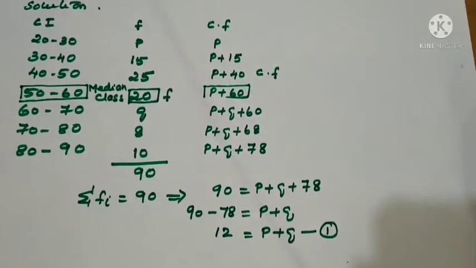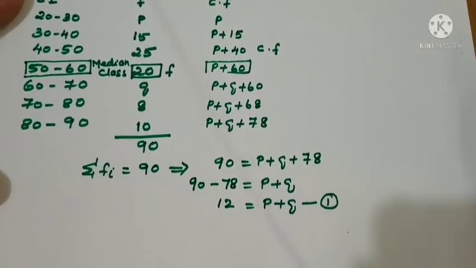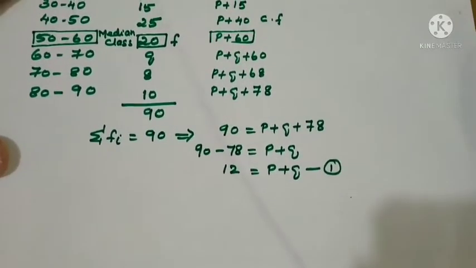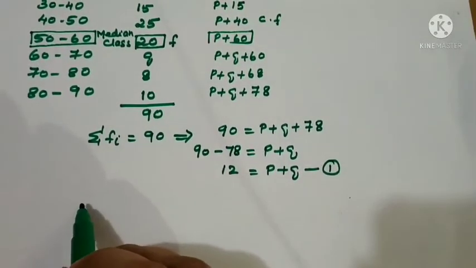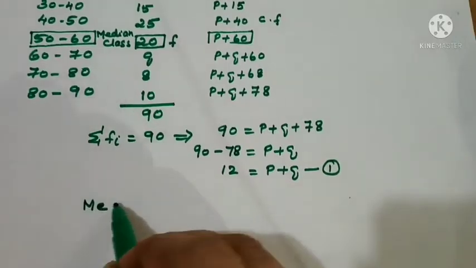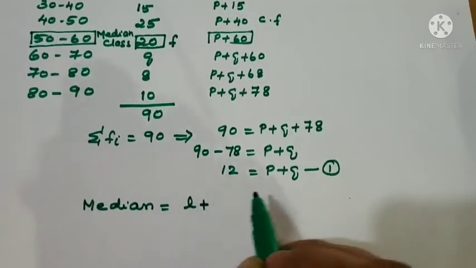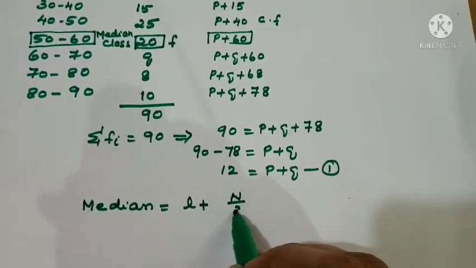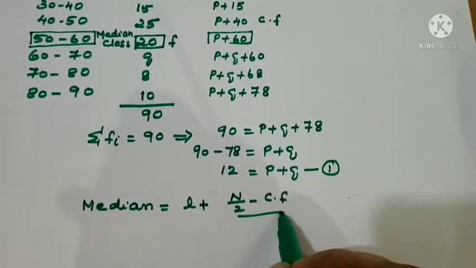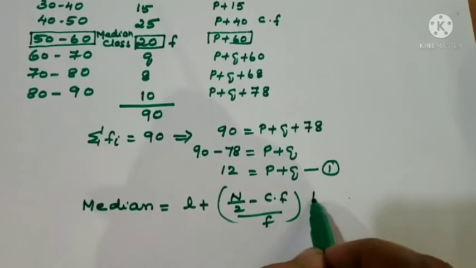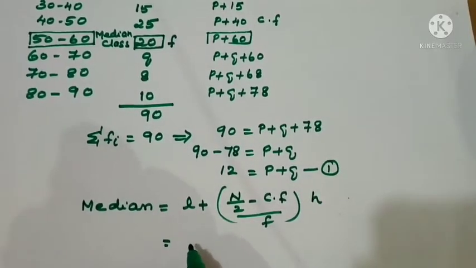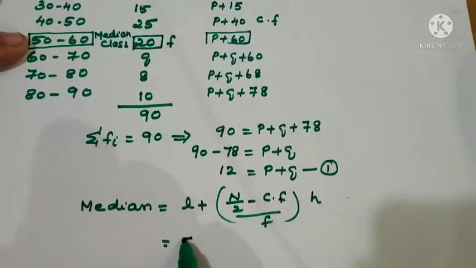According to that, P substitution will be there. Let us see how it happens. Write down the formula. What is the median formula? Median equals L plus N by 2 minus CF by F, into H. L is the lower limit of the median class, that is 50.